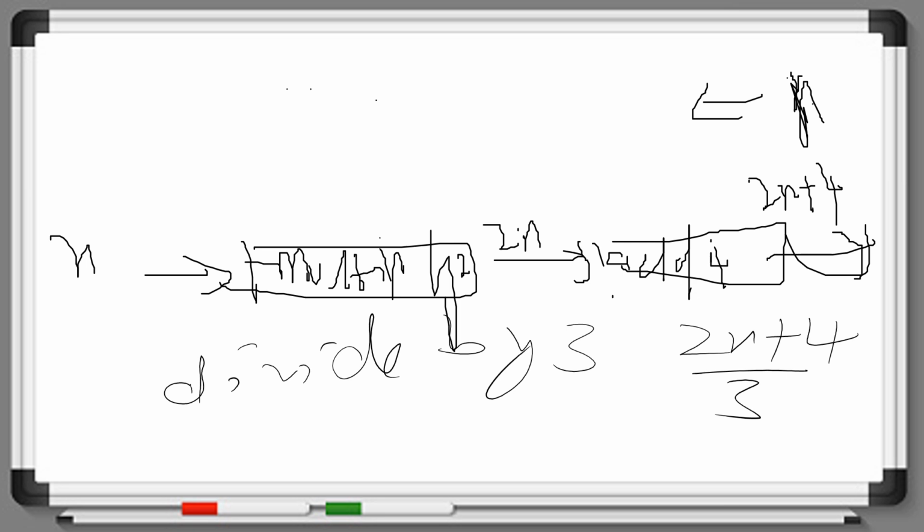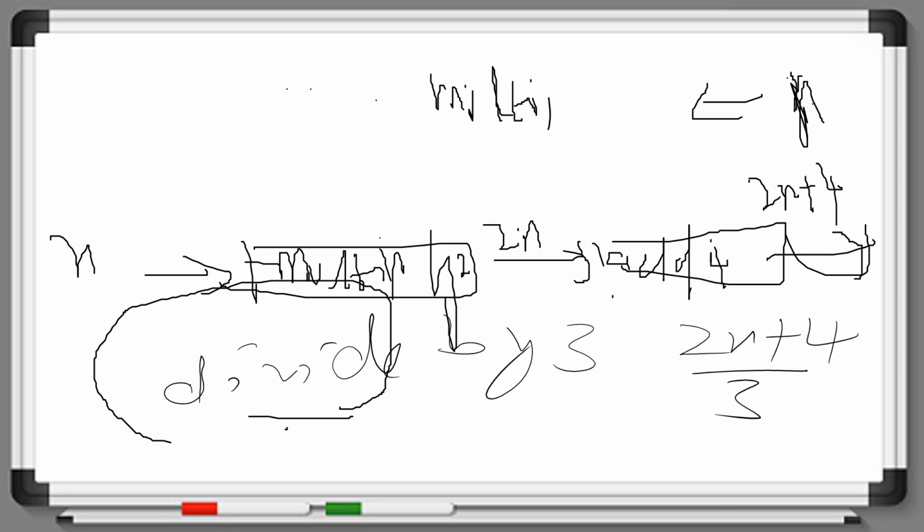Okay, first in place of divide, I will change it to multiply because the inverse of division is multiplication. So I will write multiply by 3. So it becomes 3x, boys.